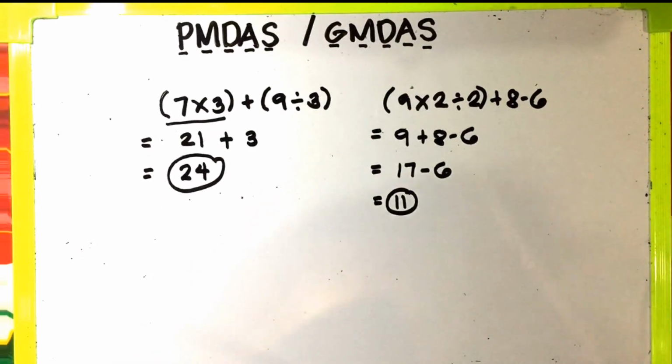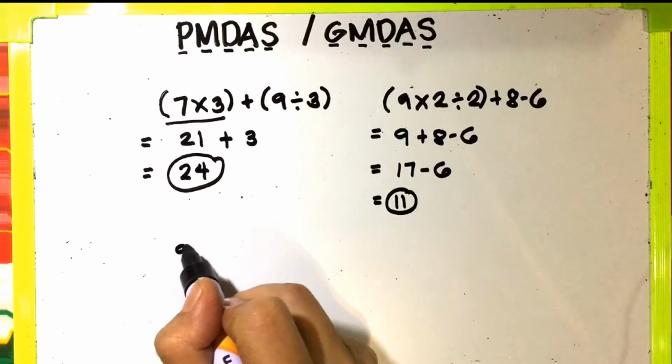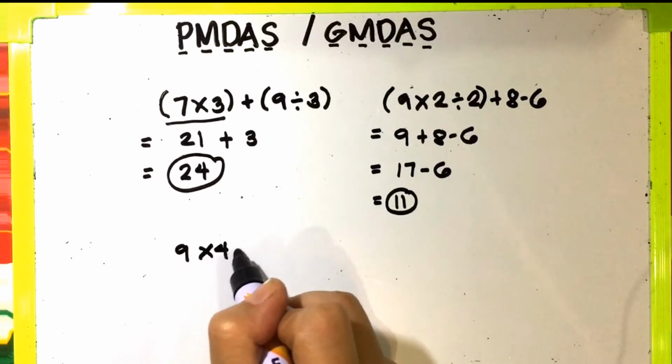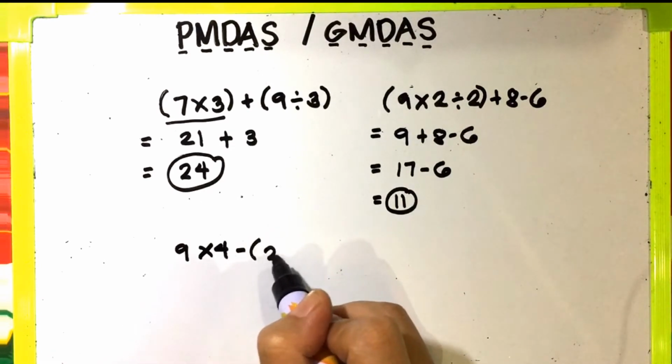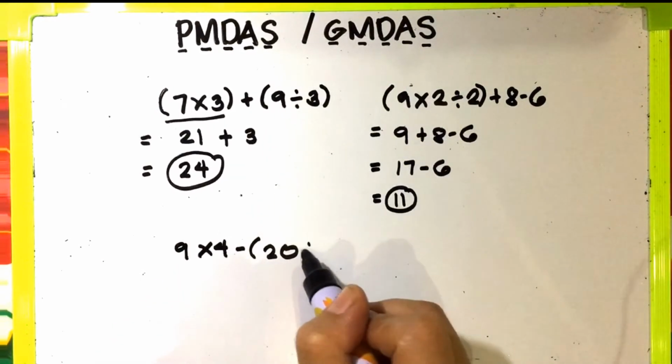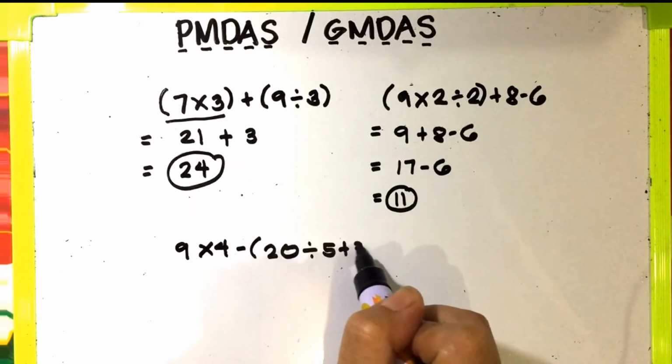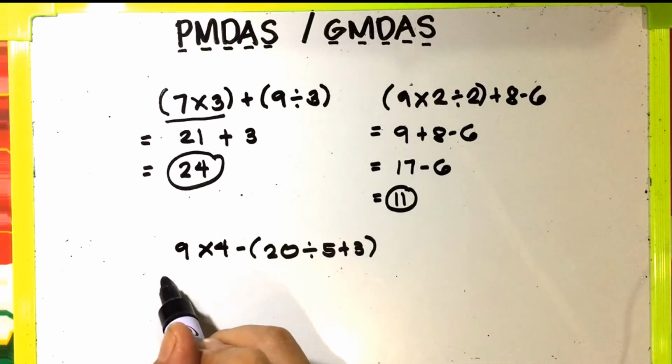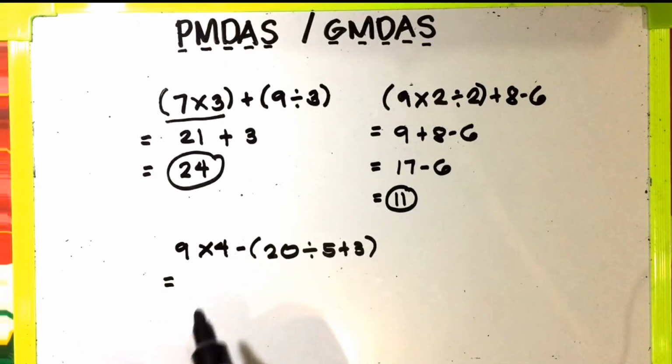Another example. We have 9 times (4 minus 20 divided by 5 plus 3)... So, the ones inside the parentheses first.